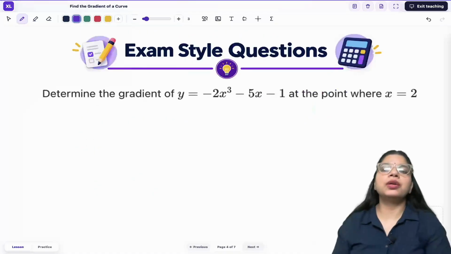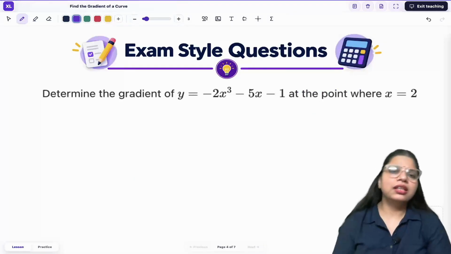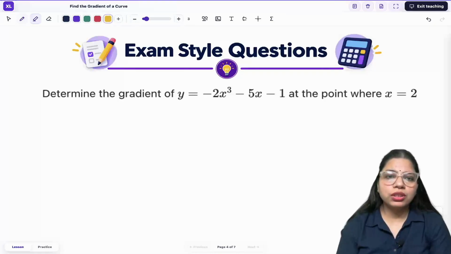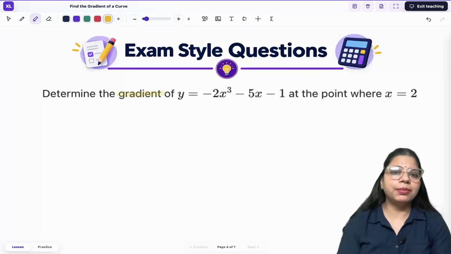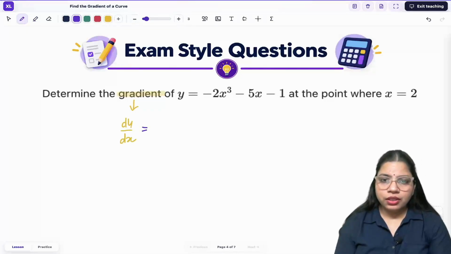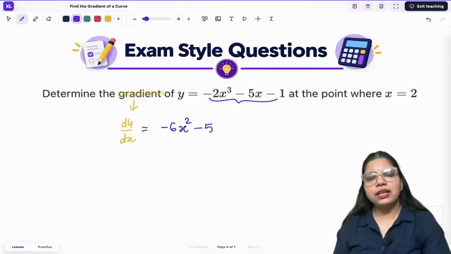Now let's do a quick exam style question. We have to determine the gradient, and for a curve, it's nothing but dy by dx. So let's find it. We get minus 6x squared minus 5. Are you clear with that?